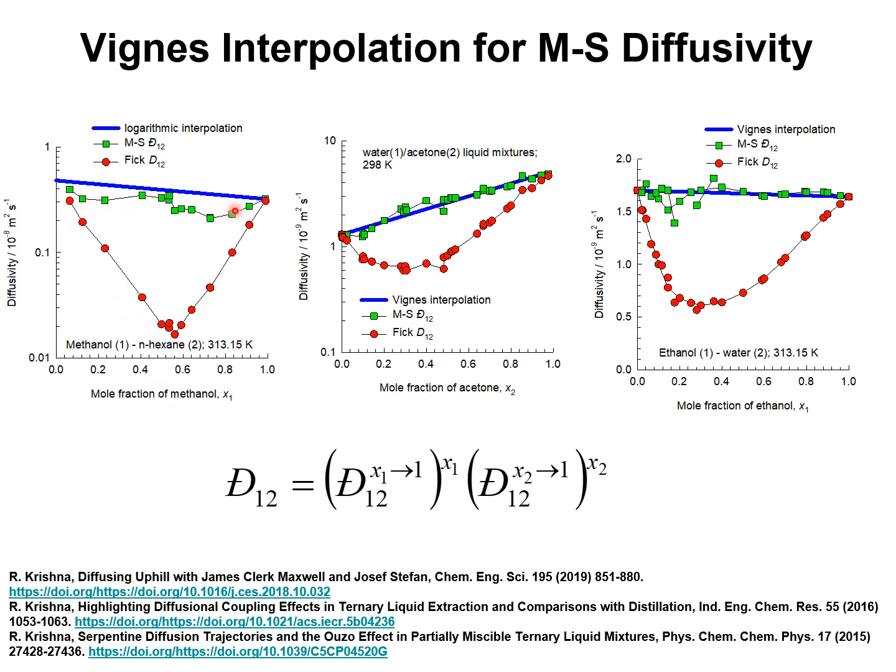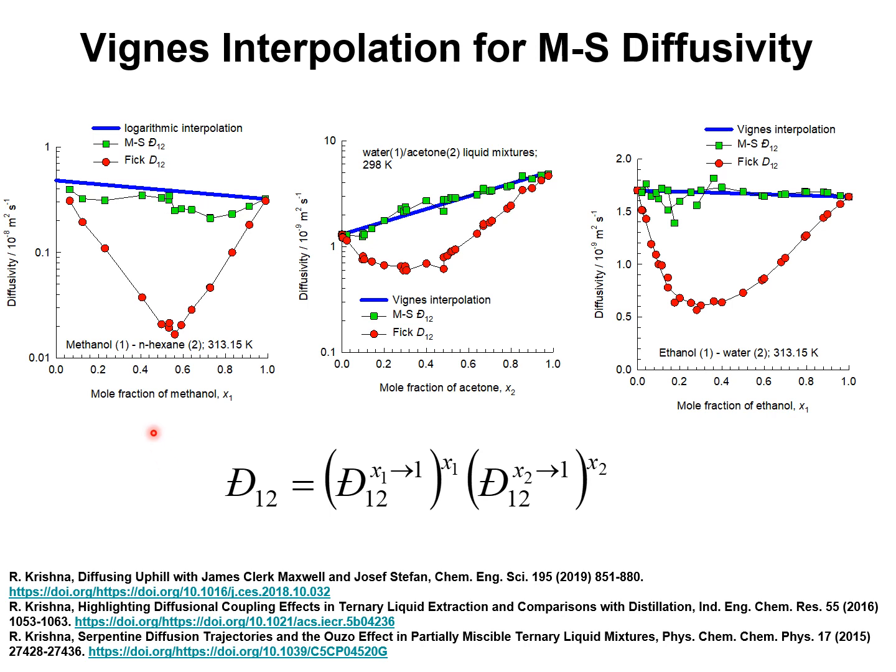This logarithmic interpolation formula is a very good approximation for a wide variety of mixtures such as, say, methanol hexane, water acetone, ethanol water, and we see that the logarithmic interpolation formula provides a good estimate of the variation of the Maxwell-Stefan diffusivity as a function of mole fraction of the mixture.